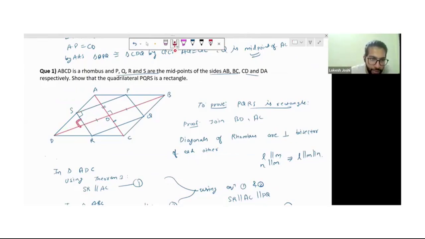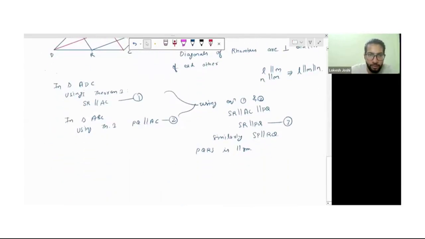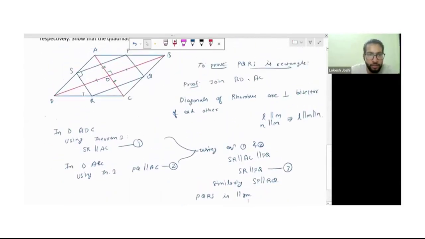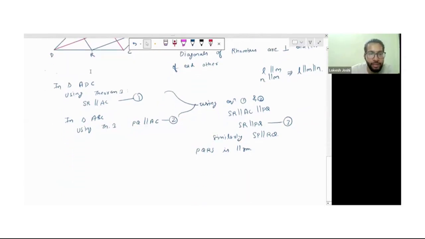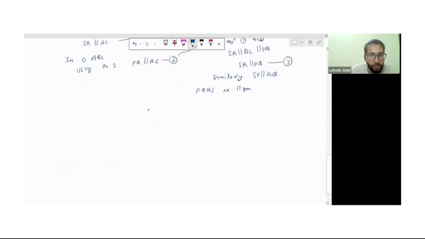Now we have AC parallel to SR, so we have AC parallel to PR.